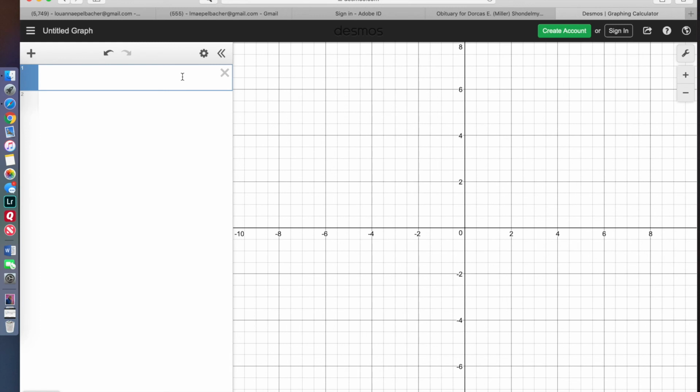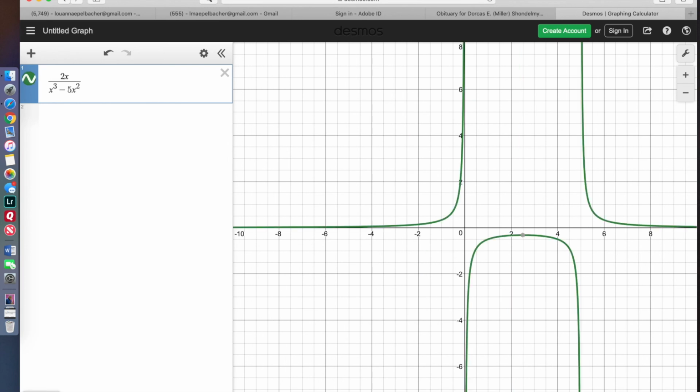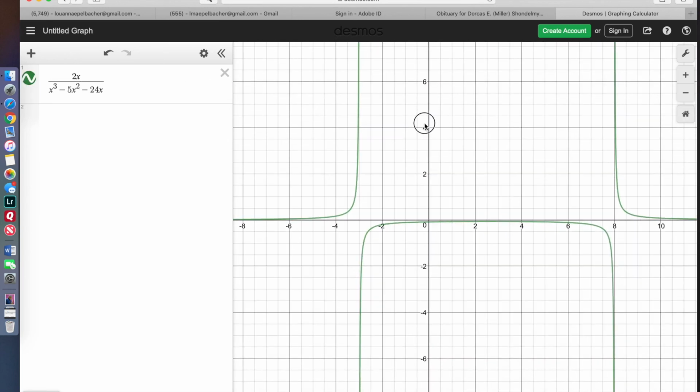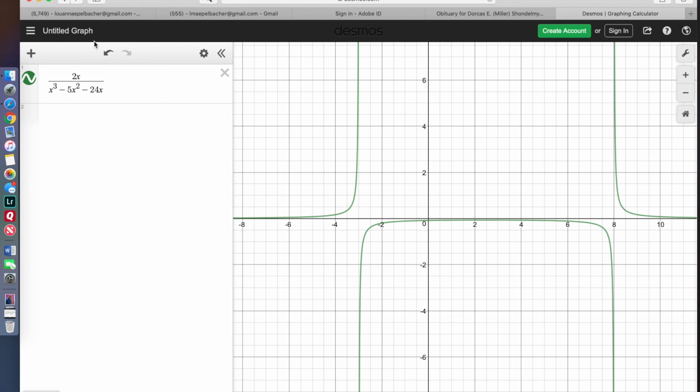So for letter C, I'm going to put 2x in the numerator and x cubed minus 5x squared minus 24x in the denominator. Now, first of all, you can see that you've got a GCF of x in the denominator and you have an x in the numerator. And so the x's should cancel, and we went through that in the other part of the video.